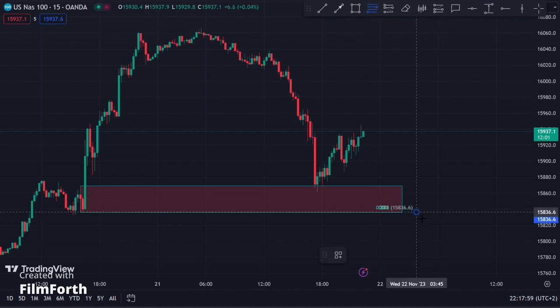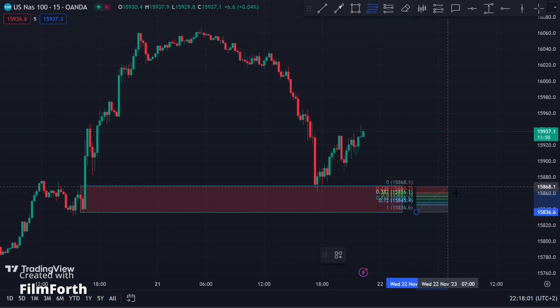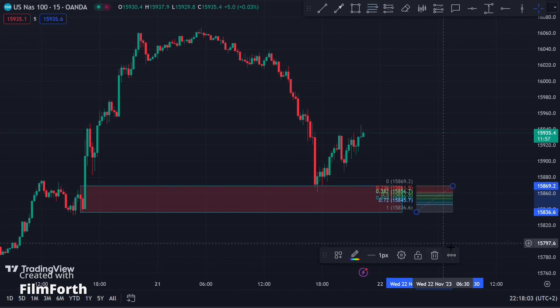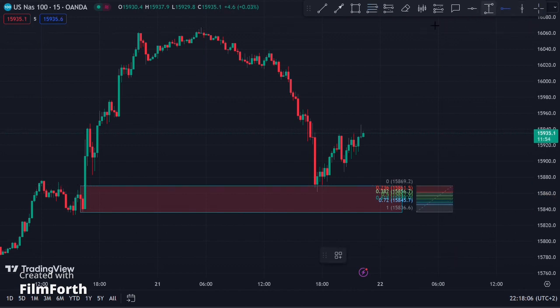Let's get the 50% mark of this area. The 50% mark of this area is right here. Wait a minute, is it? Did I just mark the wrong area? I think I did. Okay, there's the 50% mark.